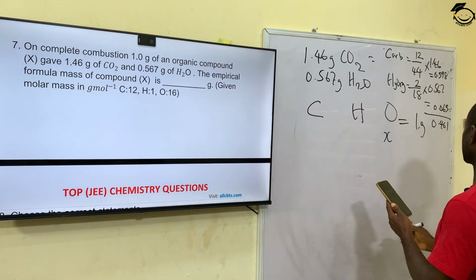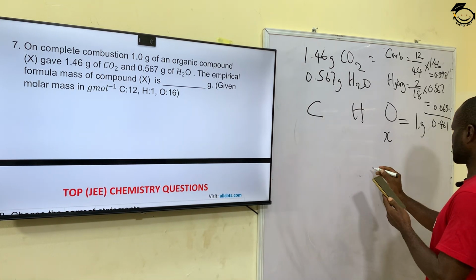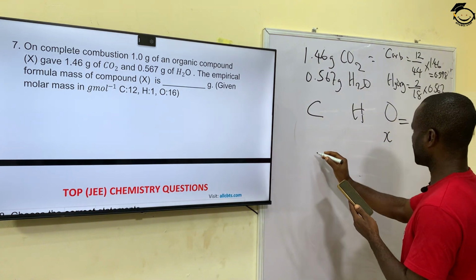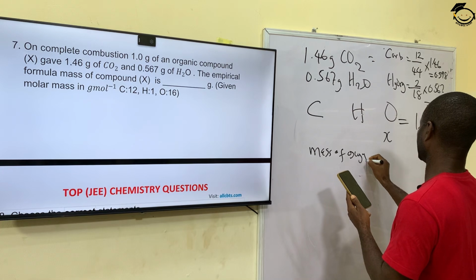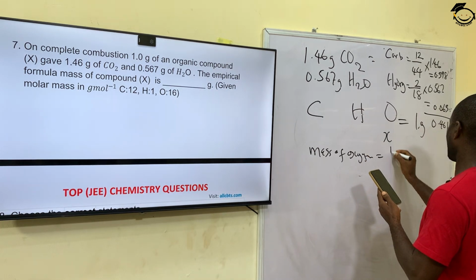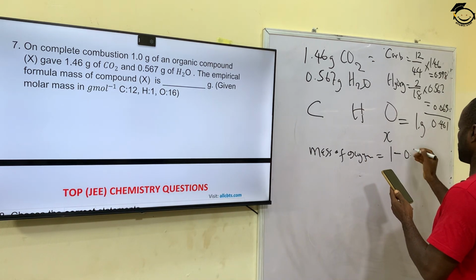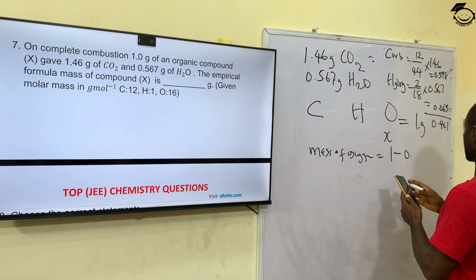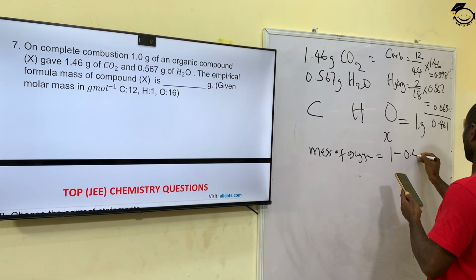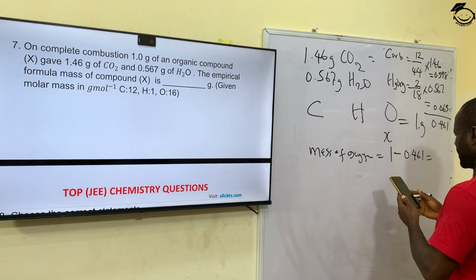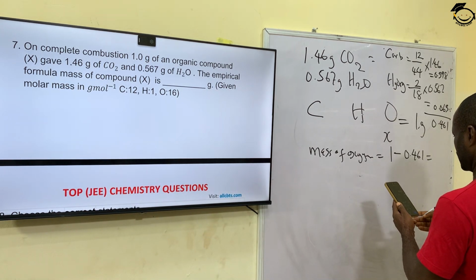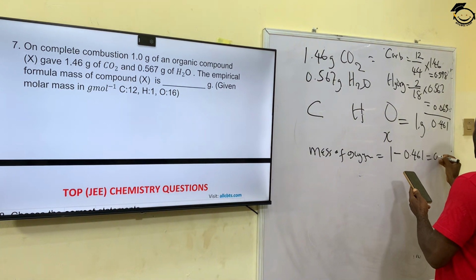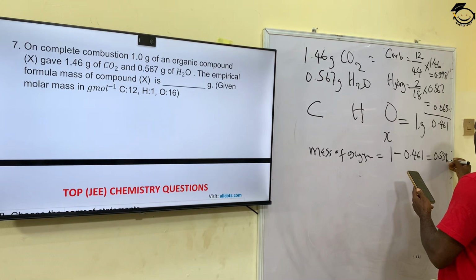So to find the mass of oxygen, it equals 1 minus 0.461, which gives us 0.539. This is the mass of oxygen.